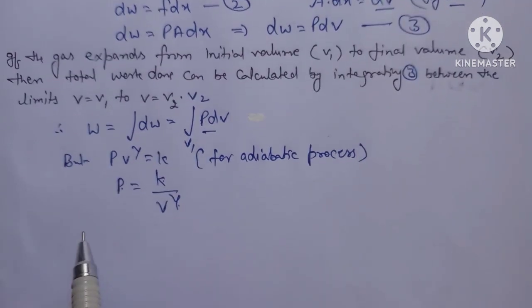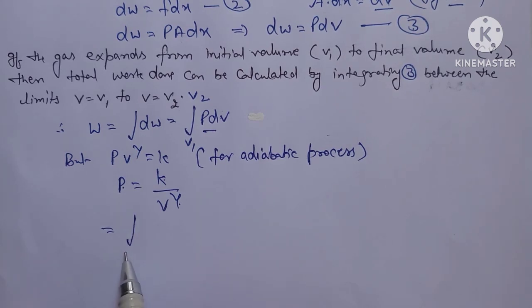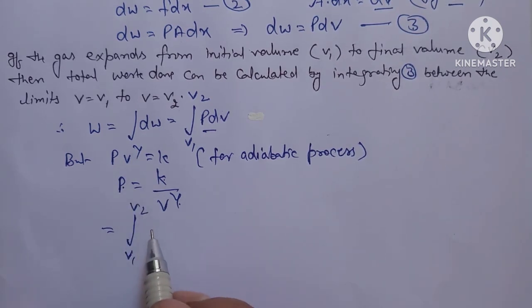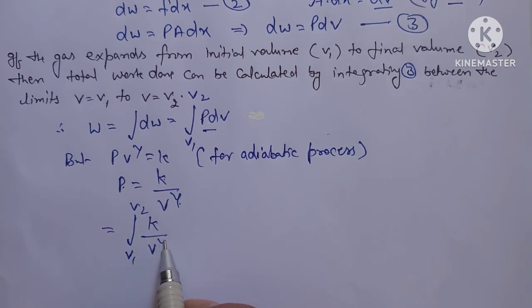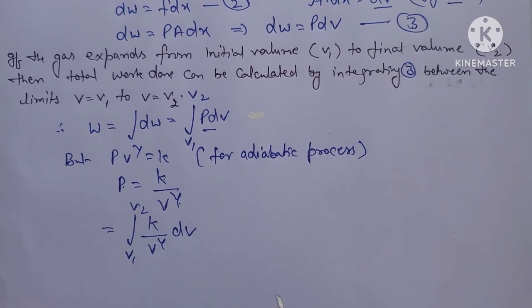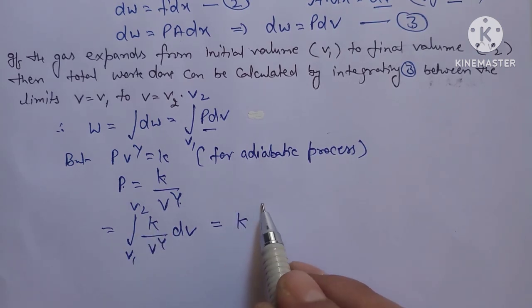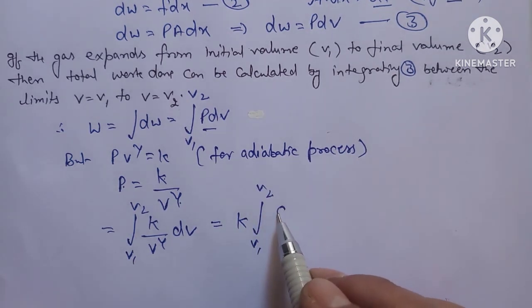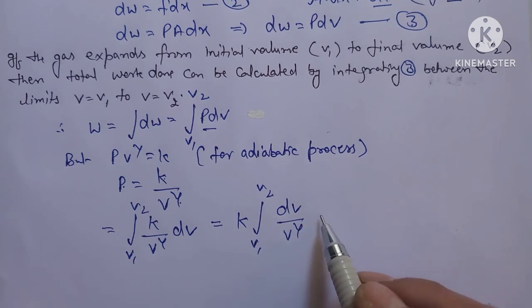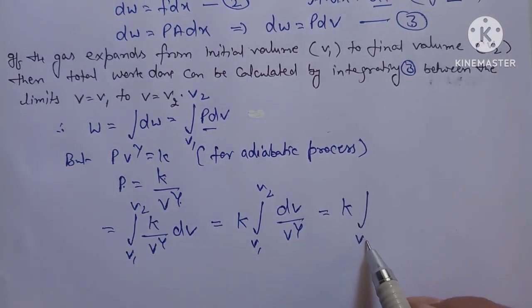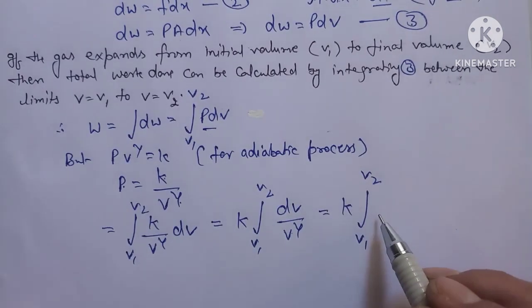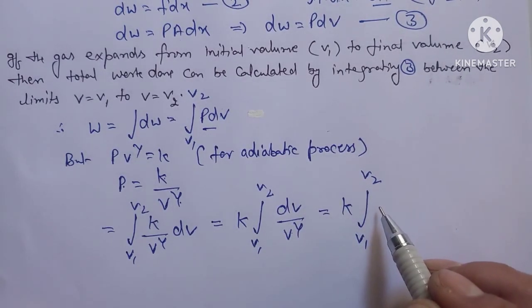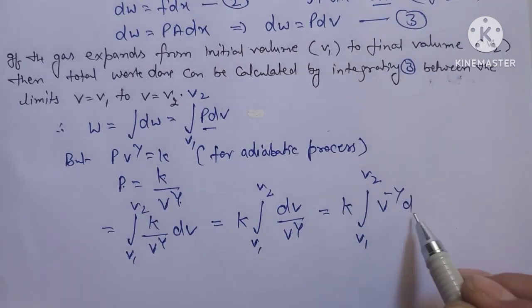Here we get the integral from V1 to V2. Instead of P, we write K over V^gamma dV. Now this is equal to K, a constant, taken outside. Inside we are left with the integration from V1 to V2 of dV over V^gamma, and this can be written as K times the integration of V1 to V2 of V^(-gamma) dV.